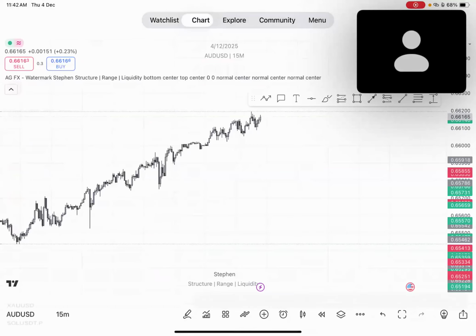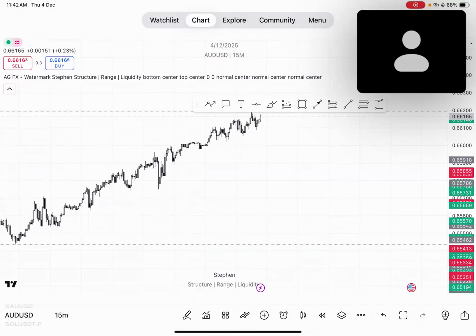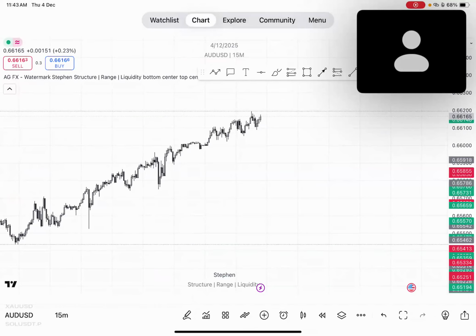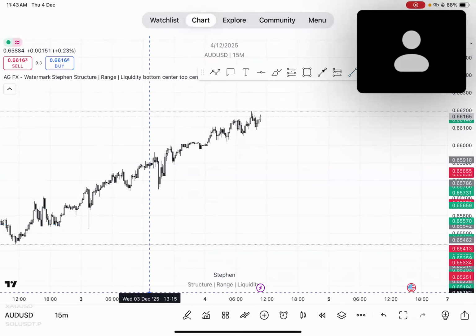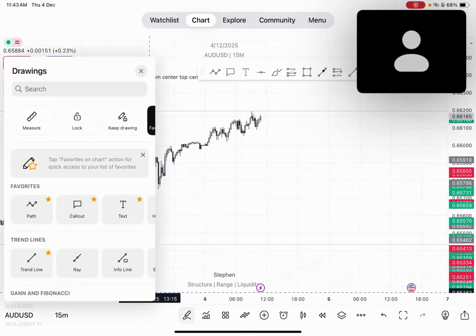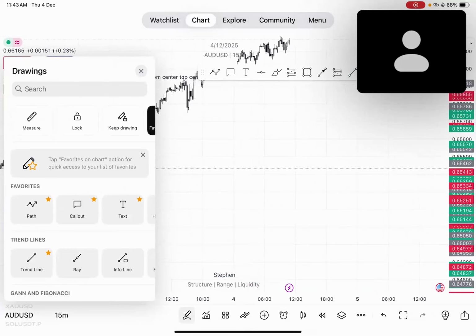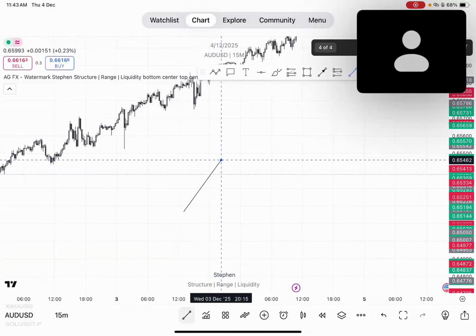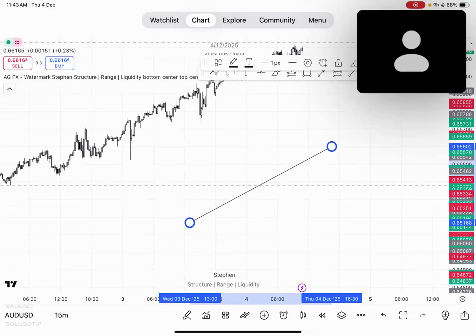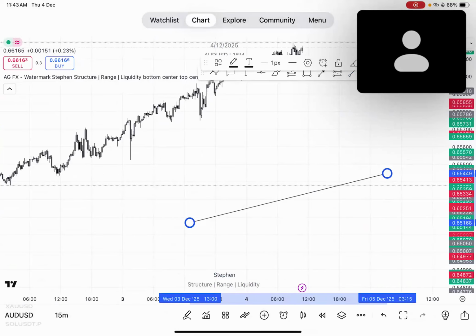This is how I practice. Do you know how I practice with TradingView? No one held my hand to show me how to use all these tools. I started looking at these tools, because you are not using all the tools here. This is the trend line. You mark a line, and that is called a trend line.